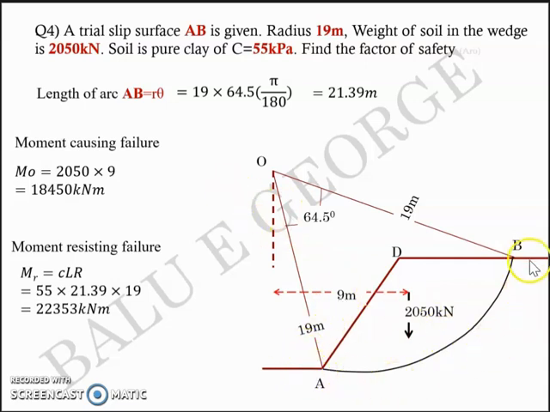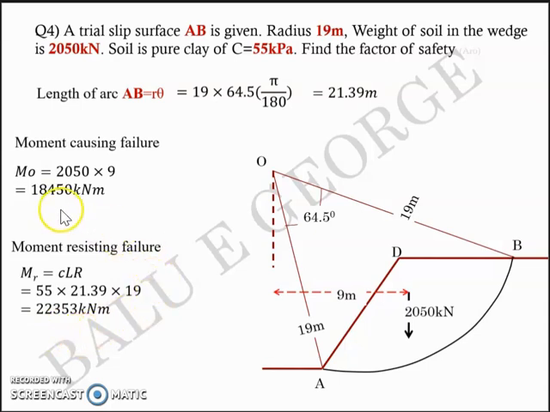So C multiplied by L will give you the force, and it gets multiplied with the lever arm, which is nothing but the radius. So you have 55 kilopascals, the cohesion, multiplied by length of the arc, which we have obtained as 21.39 meters, multiplied by the radius, 19 meter. So moment resisting failure is 22353 kilonewton meter.